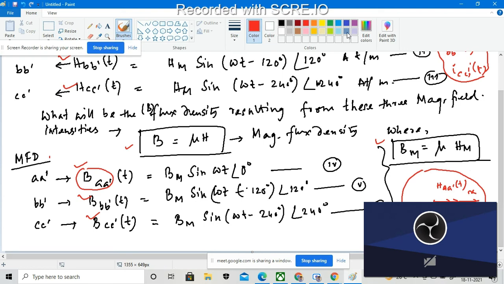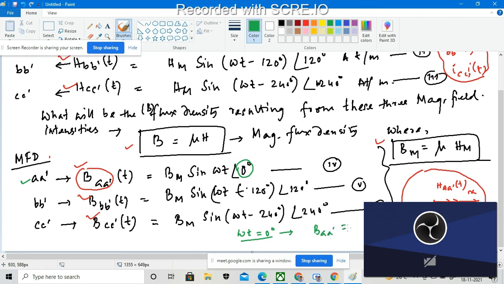Yes, sir. Okay, so in that case, why should it be 0? Because it lies in the same axis. That means, for example, at omega t equals 0 degree, the magnetic field from the coil A dash will be 0.